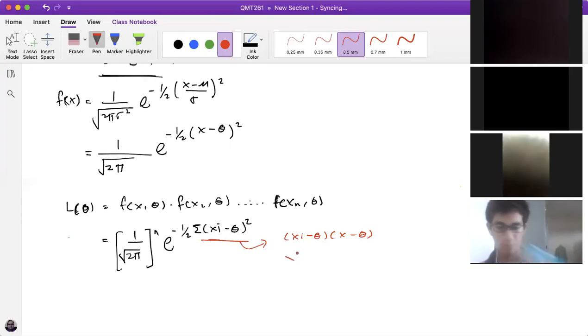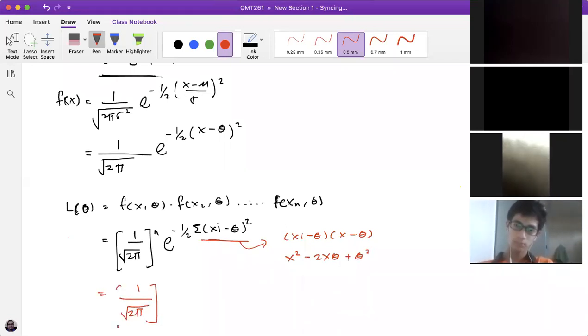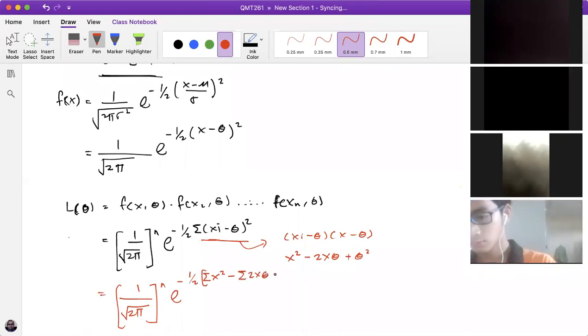So it becomes x to the power of 2 minus 2x theta plus theta squared, right? So we do it like this: the square root of 2 pi to the power of n, since we take the likelihood function, exponential negative 1 over 2 times the summation of x squared, don't forget the summation, minus the summation of 2x theta plus n theta squared, right?